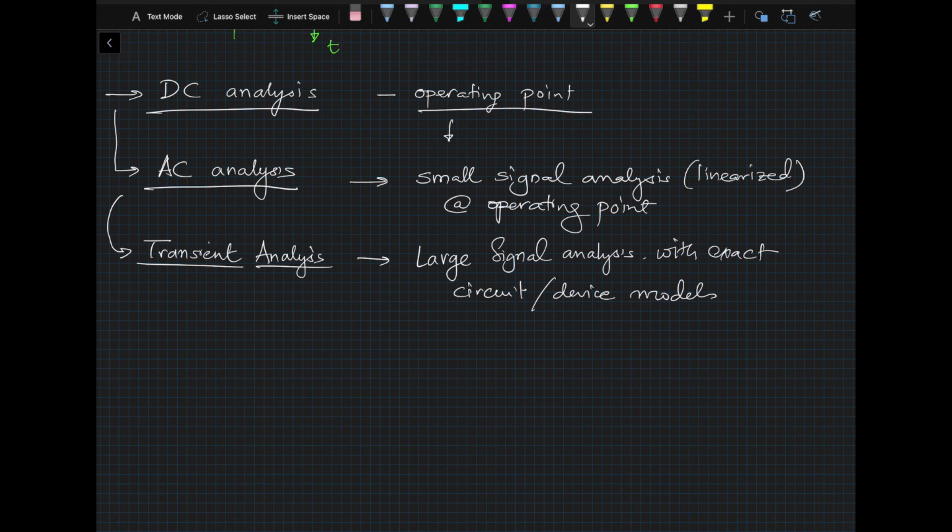By the morning when I came back, I would see the results and try to figure out that I needed to do my DC and AC again to find a better transient operating point. But gone are those days. Nowadays the compute power is so good that transient analysis also doesn't take long. However, the complexity of circuits has increased, so when you are trying to do the whole chip simulation, the transient analysis could take a long time.